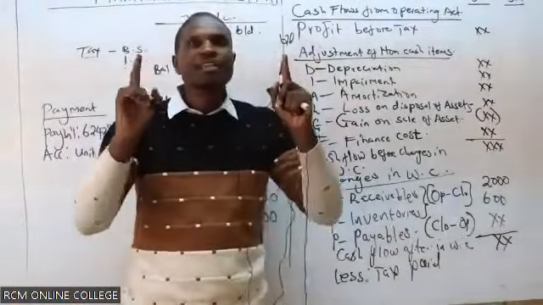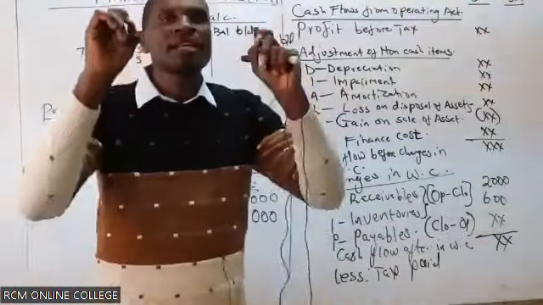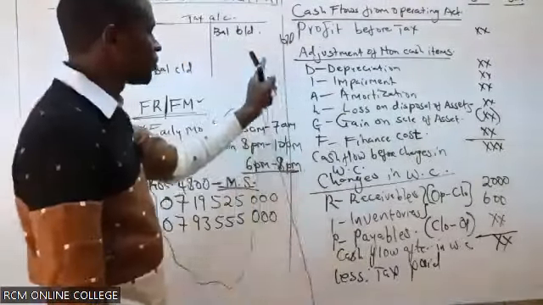There's that tax in the income statement. Can somebody tell me where it will go in our T account?